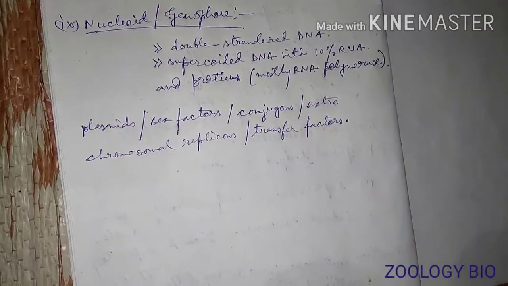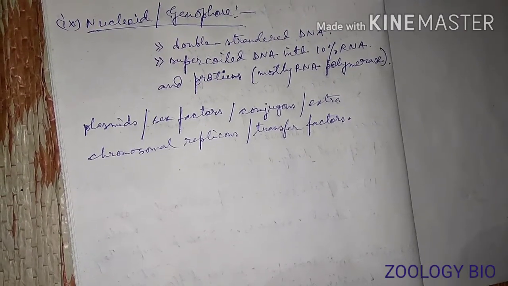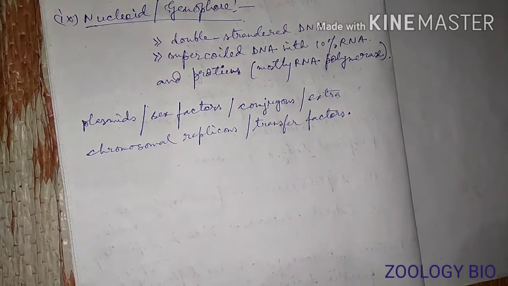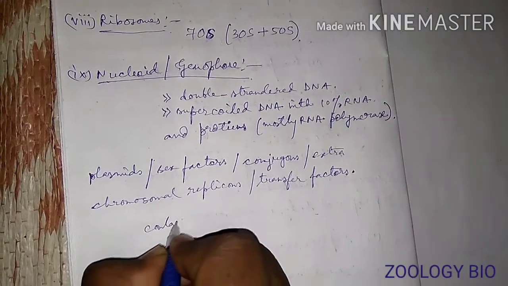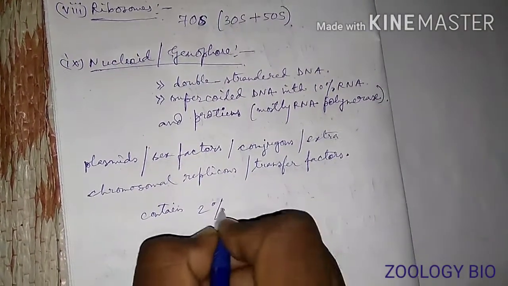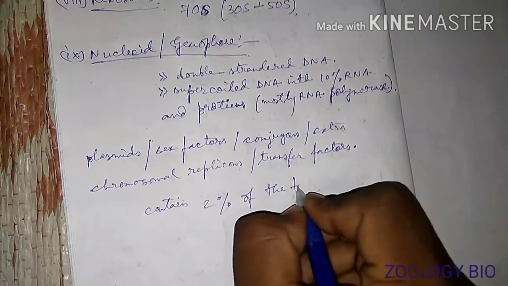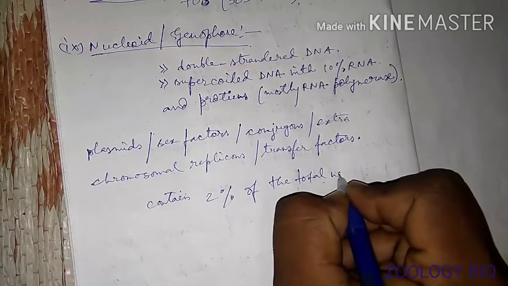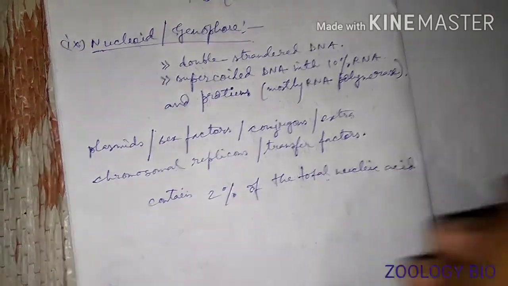The DNA of plasmids replicates independently of the nucleoid. They contain about 2% of the total nucleic acid of the cell.